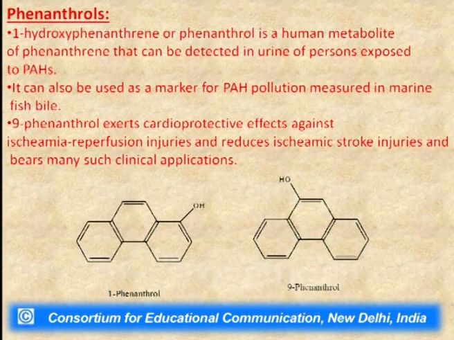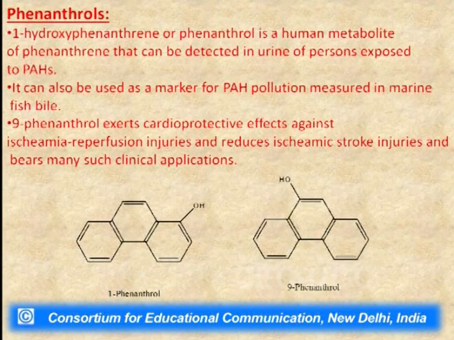The next phenanthrene derivative is phenanthrol, in which we have hydroxy groups on the phenanthrene molecule. Again this hydroxy group can be present at any carbon. If it is present at carbon number 1, it is 1-phenanthrol. It can be at position 2, so it will be 2-phenanthrol. Here we have shown you 1-phenanthrol and 9-phenanthrol.